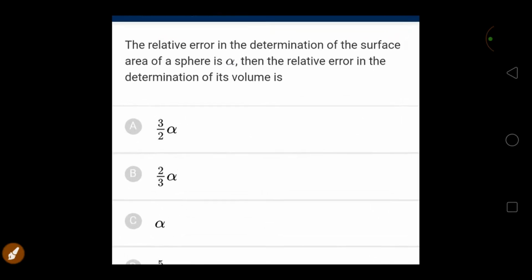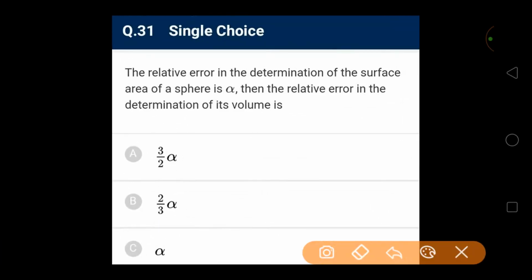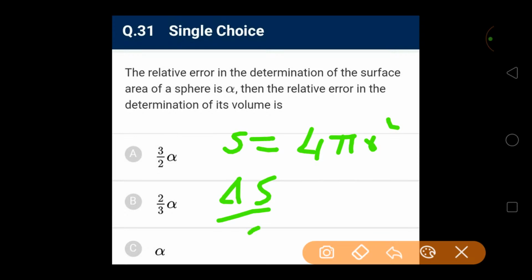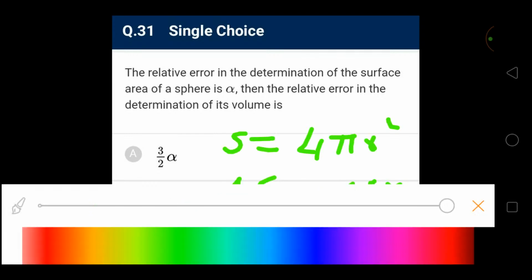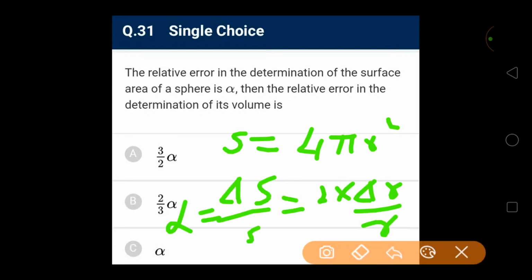What is the relative error? Okay, so very simple question. For surface area, 4 pi r square for a sphere. So you can say del s by s is 2 into del r by r. Del s by s is given as alpha. Now volume is 4 by 3 pi r cube.